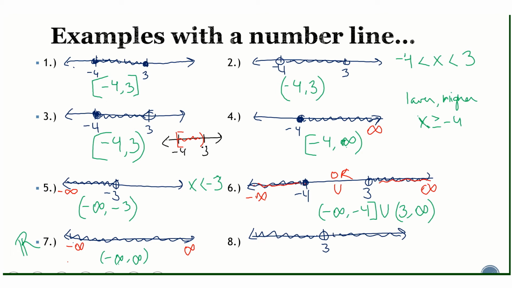Now the last one, and we'll talk about this in the next unit, we have a whole lesson on domain. So when I ask you for the domain, after you've done this, you're welcome to use interval notation. But the interval here is everything except the number 3. So x could be anything except 3.